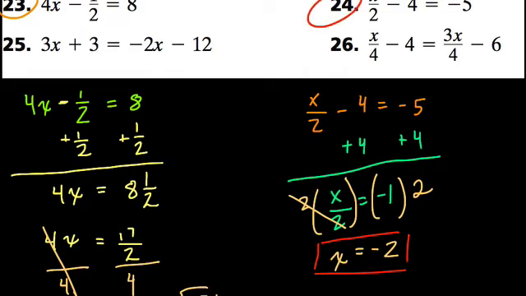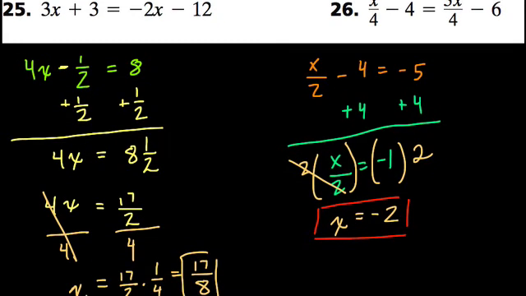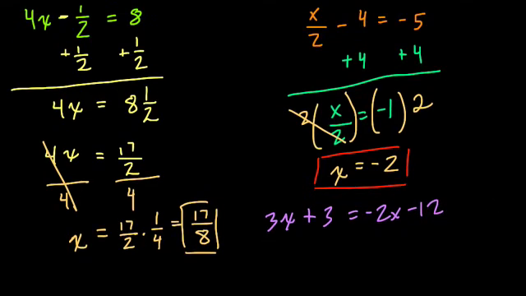Let's move on to 25. Here we have, it says 3x plus 3 equals -2x minus 12. Okay, so here we're trying to solve for x, and I would add 2x to both sides, right? Keep it positive there, and subtract 3 from both sides.